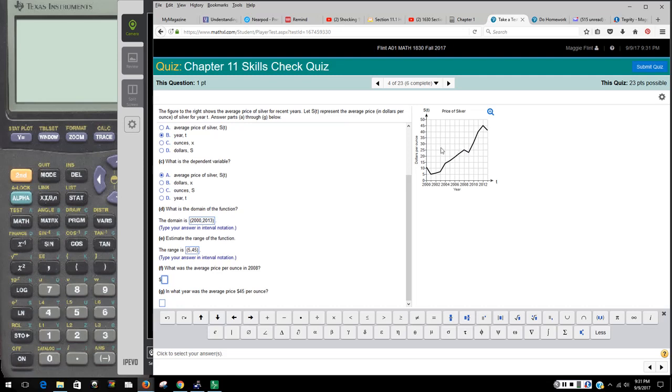So then you read back to the left and see that that's $25 per ounce. And then what year was the average price $45 per ounce? Well, you can see here that it was $45 in 2012. So the purpose of this question is just to make sure you can read a graph and find domain and range.